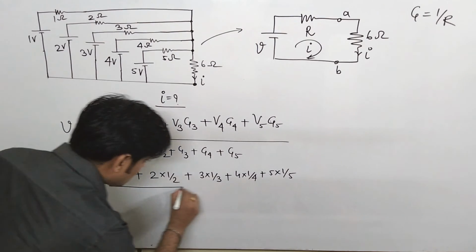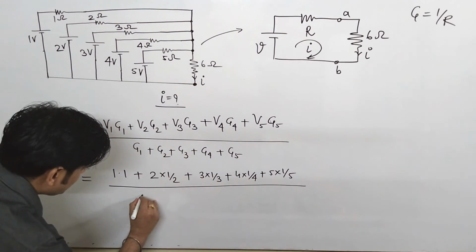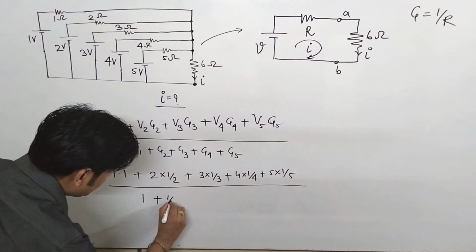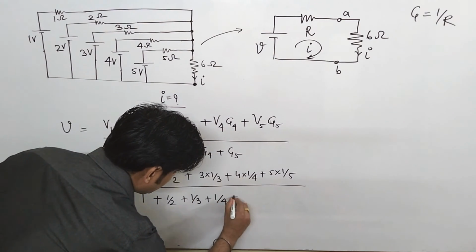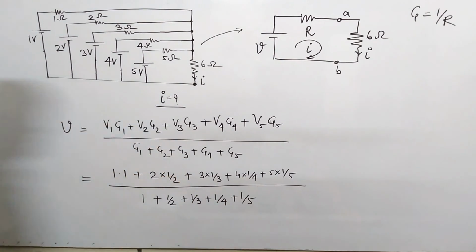This upon G1, it is 1, plus 1 by 2, 1 by 3, 1 by 4, 1 by 5.